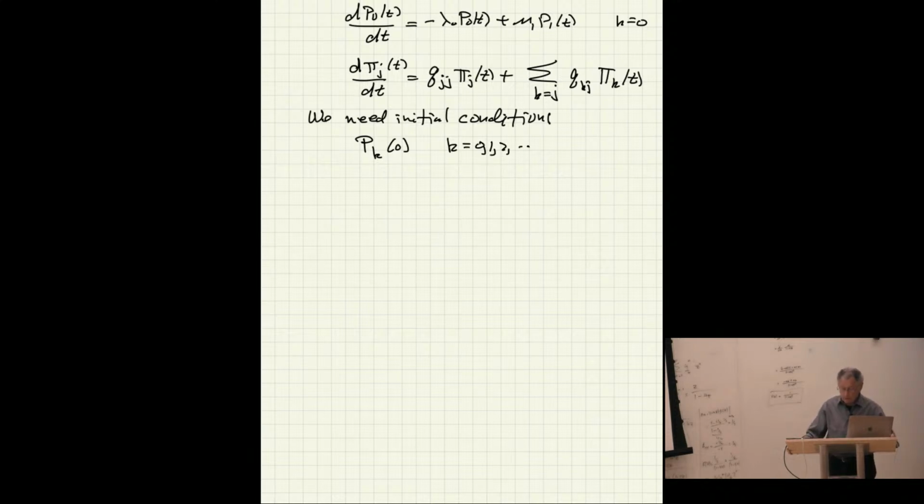You have to tell me the probability of being in any state at time 0 to get this thing started. We're looking for a transient solution. pk of t is the transient solution. What's the probability of being in state k at any time t from time 0 on into the future? And we also need, as always, that the summation of these goes to 1. Summation of pk of t is equal to 1 at any time, from k equals 0 to infinity.